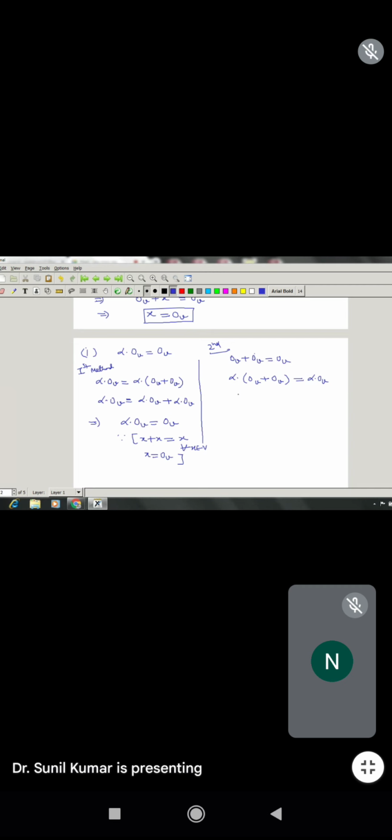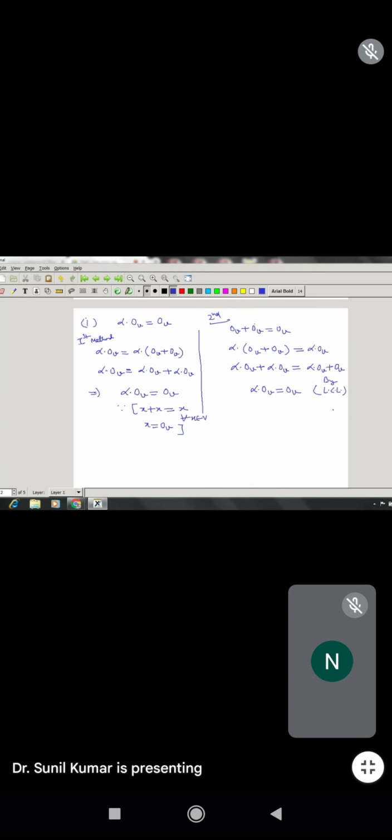Alpha dot 0v plus alpha dot 0v is equal to alpha dot 0v plus 0v, because 0v is the additive identity of the vector space, and by the left cancellation law you can write alpha dot 0v equal to 0v. So we can prove this by using the property. Is it clear? Yes, sir.